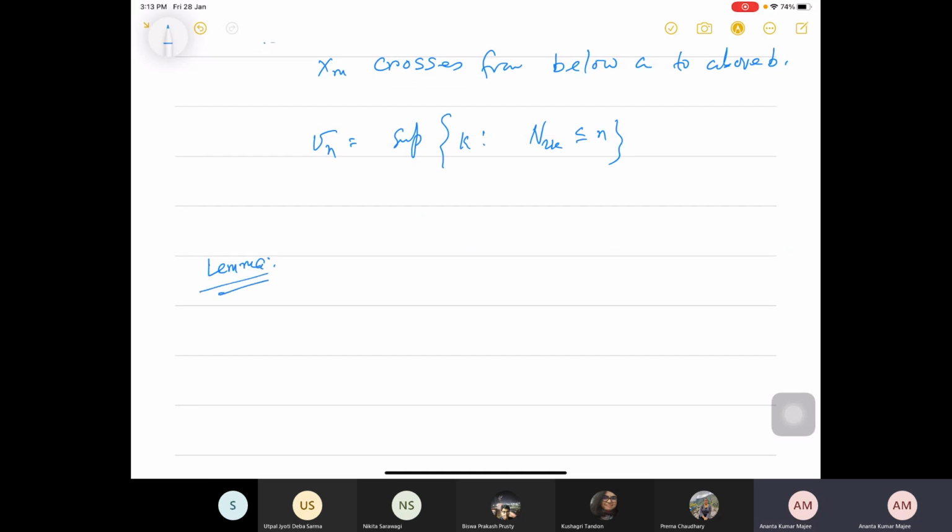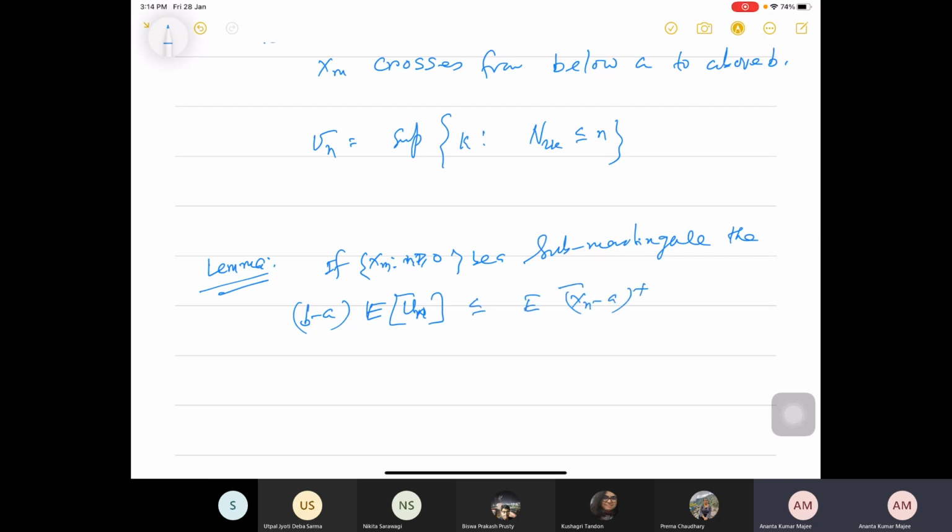What it says is that if x m is a submartingale, then b minus a times the expectation of U n, or U n of a b, is less than or equal to the expectation of x n minus a plus, minus the expectation of x 0 minus a plus.